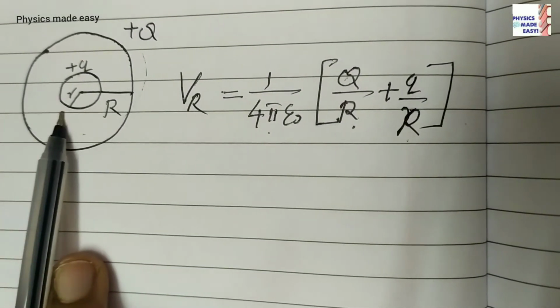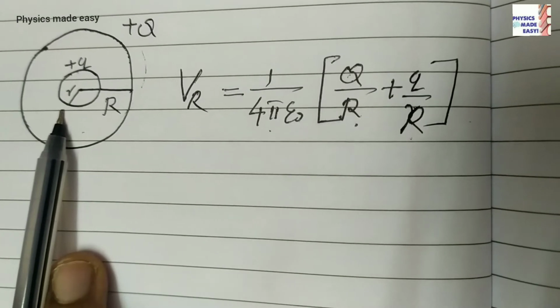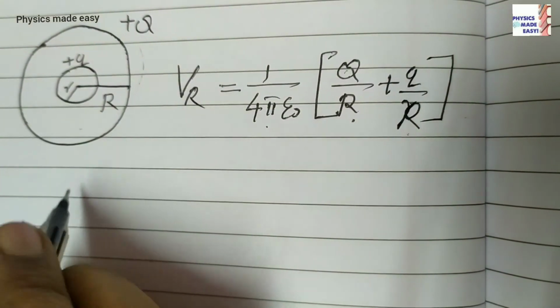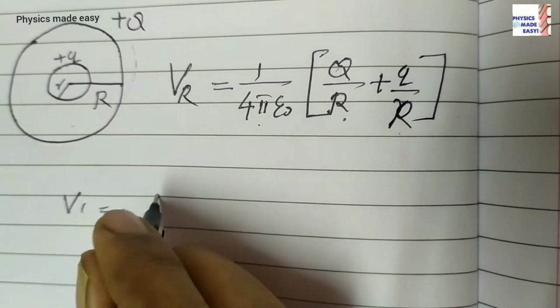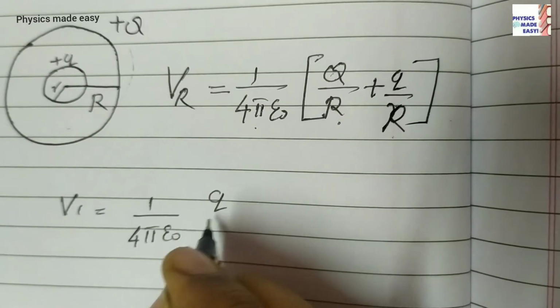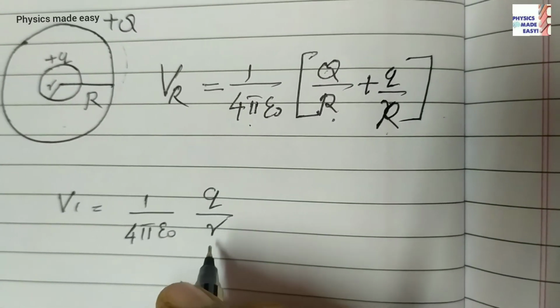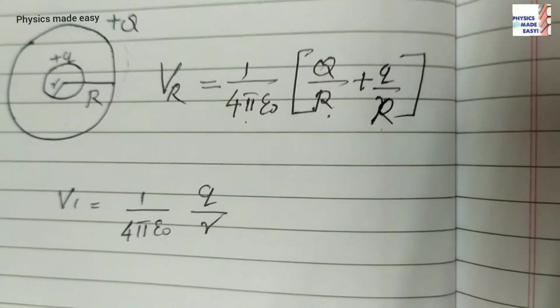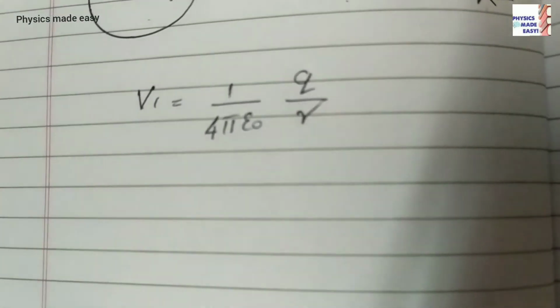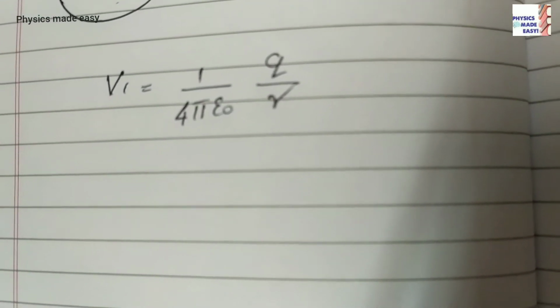Now we can think about the inner sphere. The potential on the inner sphere due to its own charge q, we can write V1 is equal to 1 by 4 pi epsilon 0 q divided by r. Then we know the potential at every point inside a charged sphere is the same as that on the surface.